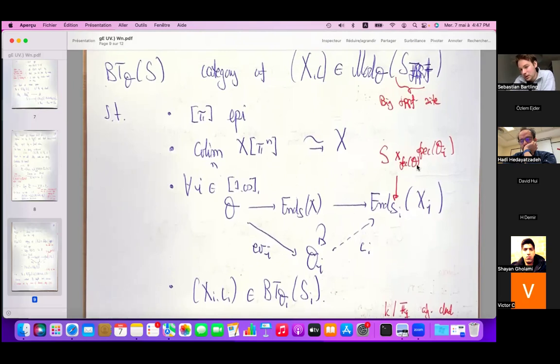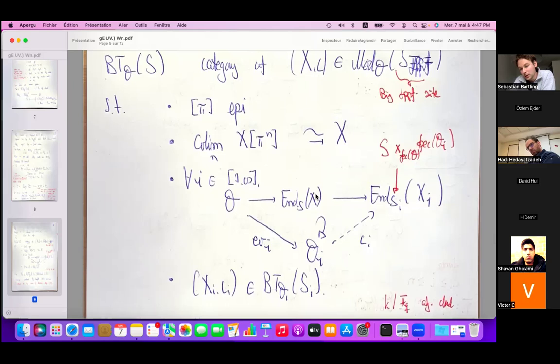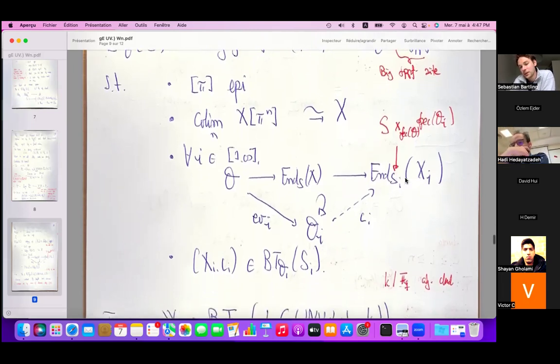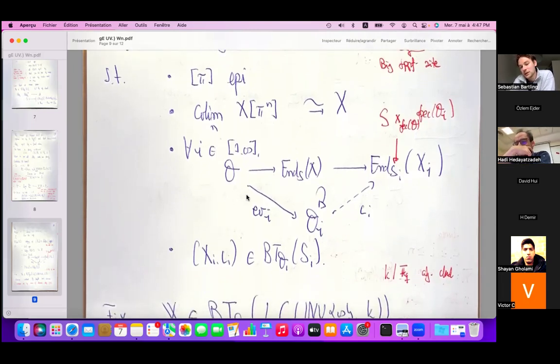This ring O has a surjection to OI, so I can look at the fiber product, pull back this sheaf, and also pull back endomorphisms to the fiber. And what we require is that this action on the fiber factors over the evaluation map at I.